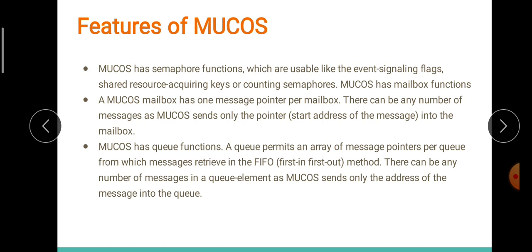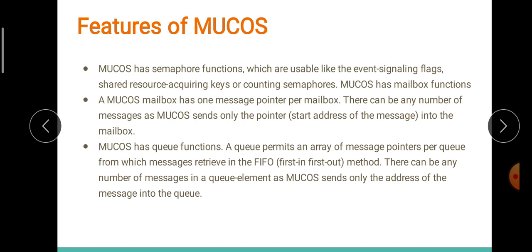And they also have the queue functions. The queue functions in MUCOS allow an array of message pointers per queue. For every queue there is an array of message pointers specified, and there can be any number of messages in a queue element.